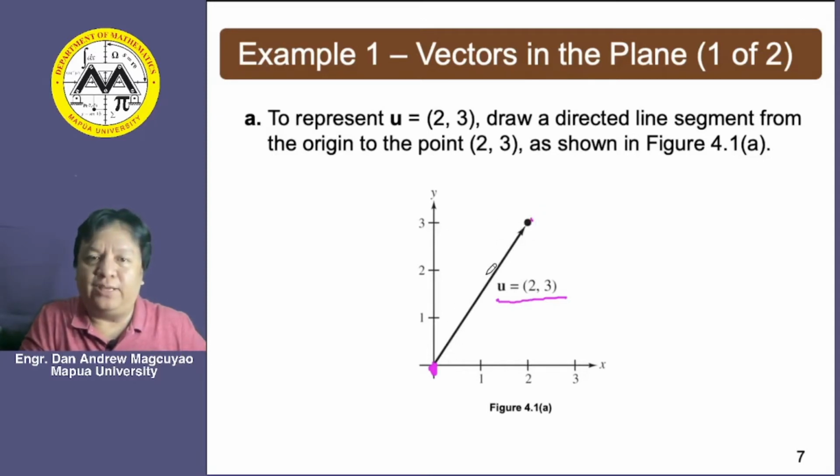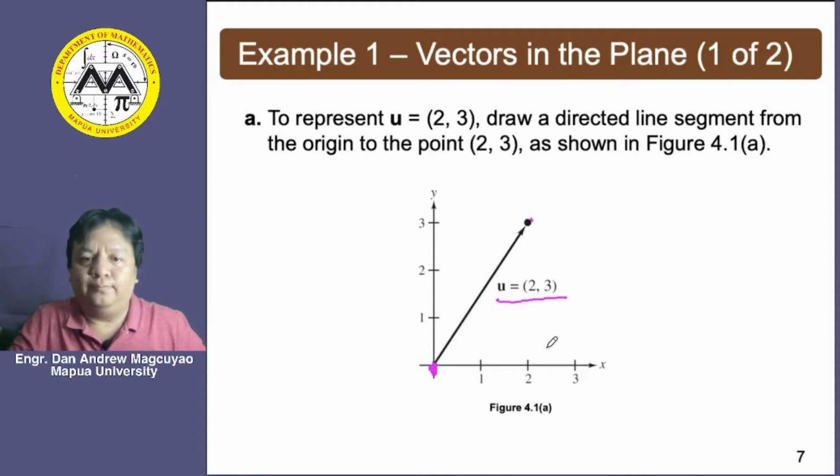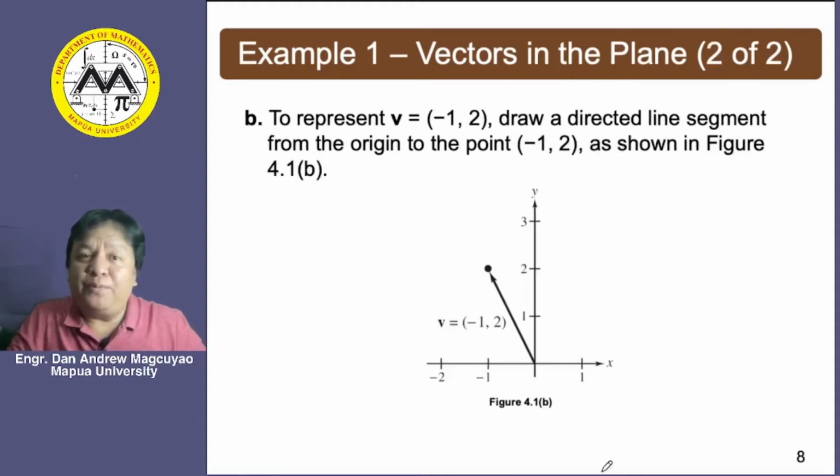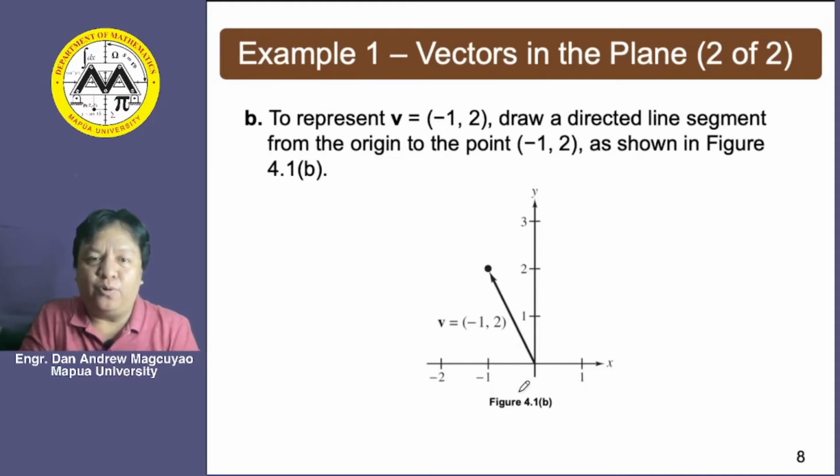So this is your vector. To represent the vector v equal to negative 1, 2, the x component is negative 1, while the y component would be positive 2. So we draw a directed line segment from the origin to the point negative 1, 2 as shown in the figure.